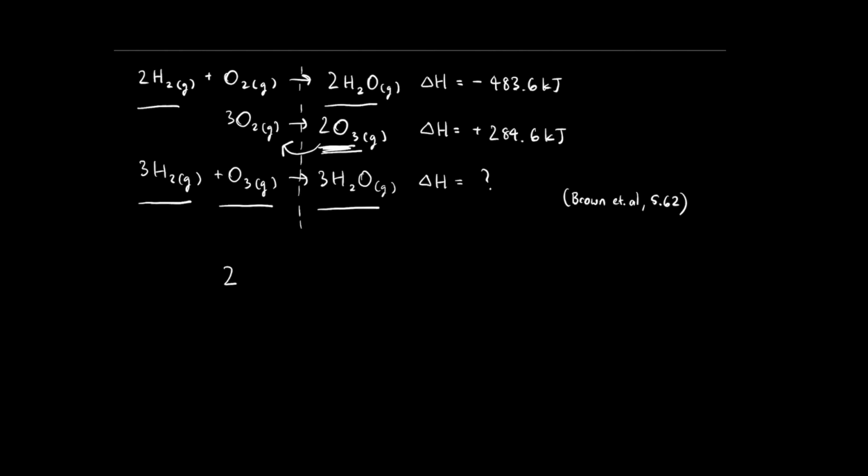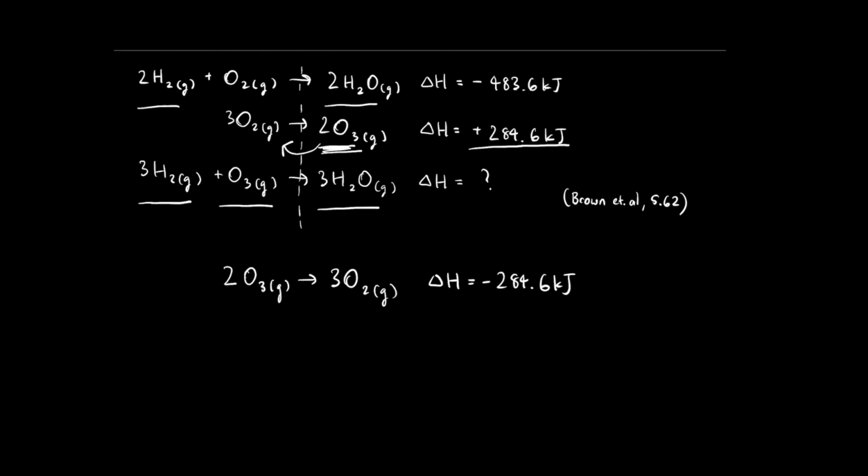We say the reverse reaction, 2O3 gas gives us 3O2 gas. Now be careful, because when you flip the reaction, you also have to flip the enthalpy, because now it is no longer going from reactants to products, but rather from products to reactants, and thus you flip the delta H. So now instead of positive 284.6, you get negative 284.6.